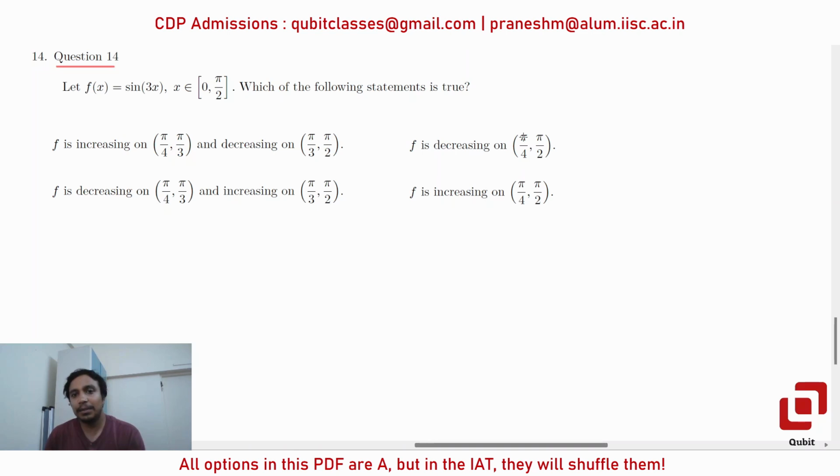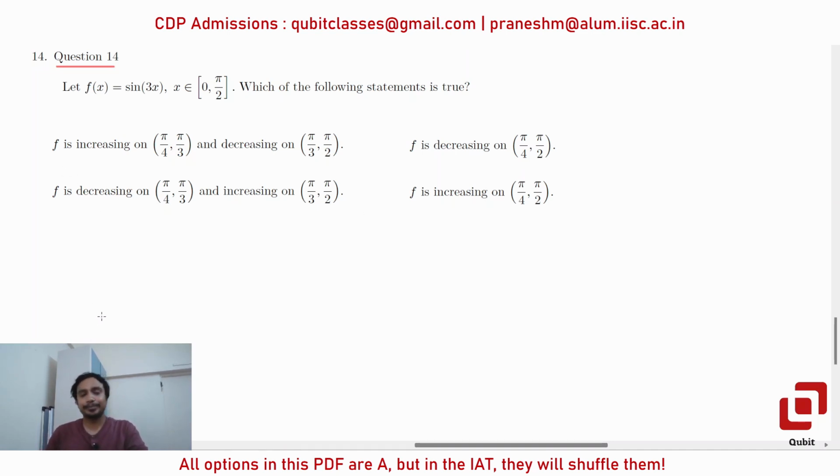F is decreasing on pi by 4 to pi by 2. F is decreasing on pi by 4 to pi by 3 and increasing on pi by 3 to pi by 2. F is increasing on pi by 4 to pi by 2. I have deliberately shuffled the options so that it will not be option A all the time.